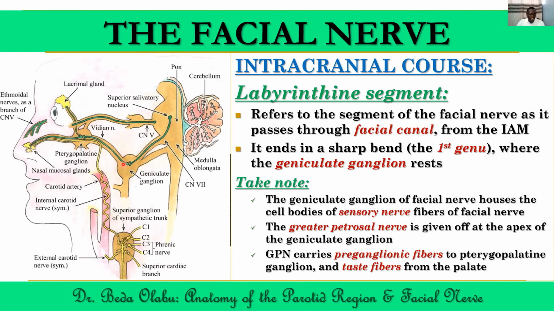There are preganglionic parasympathetic fibers, which started from the superior salivatory nucleus, as well as the lacrimatory nucleus. They pass through, so they don't synapse in the geniculate ganglion per se, they just pass, and then will synapse at the pterygopalatine ganglion, from where we have postganglionic fibers which go either to the nasal glands, the palatine glands, and also the lacrimal gland.